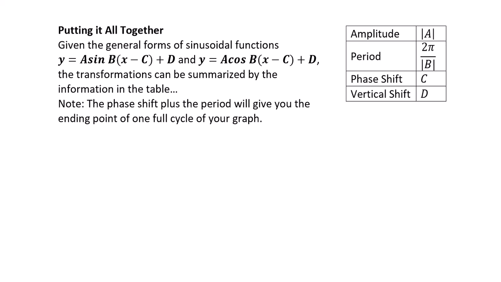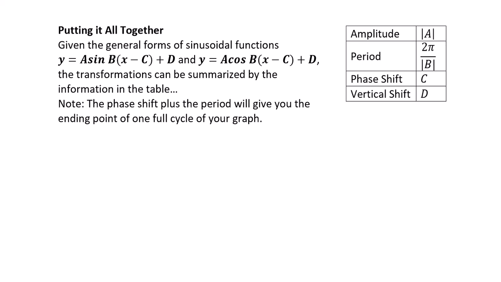Putting it all together, given the general forms of sinusoidal functions, y equals a sine of b times x minus c plus d, and y equals a cosine b x minus c plus d, the transformations can be summarized by the information in the table.